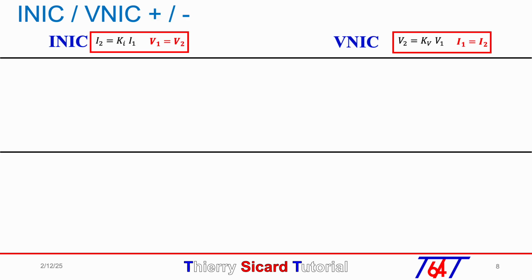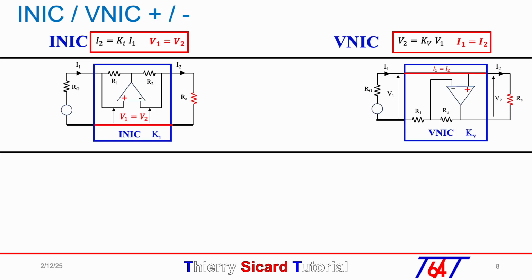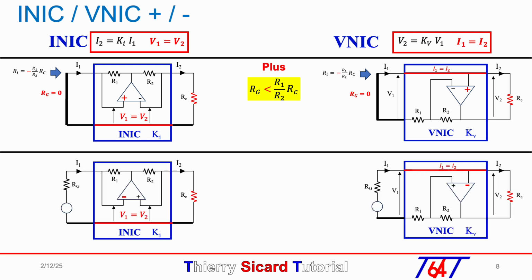VNIC and INIC have the same input negative resistance, but if the input is connected with a non-inverting op-amp input, plus, the stability condition is Rg lower than R1 divided by R2 times Rc. This means that Rg can be a short as shown. But if the input is connected with the inverting op-amp input, minus, the stability condition is Rg bigger than R1 over R2 times Rc.